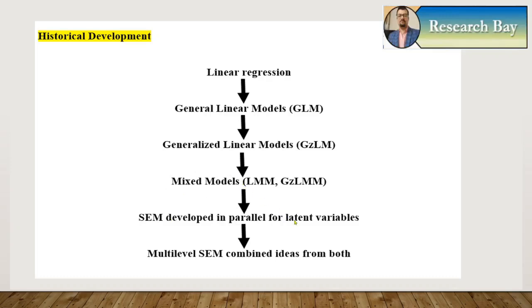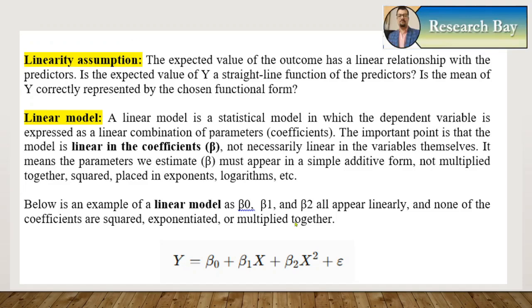Now let us understand what is a linear model. When I discuss the linearity assumption, you all know the expected value of the outcome has a linear relationship with the predictors. Herein, we ascertain, is the expected value of y a straight line function of the predictors? Is the mean of y correctly represented by the chosen functional form?